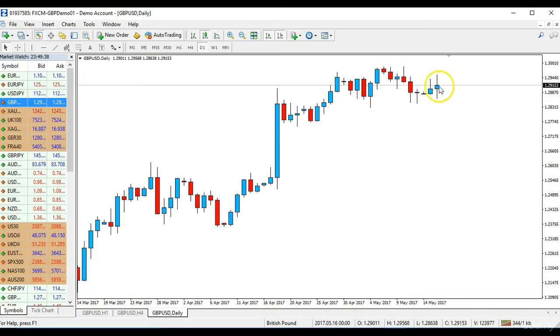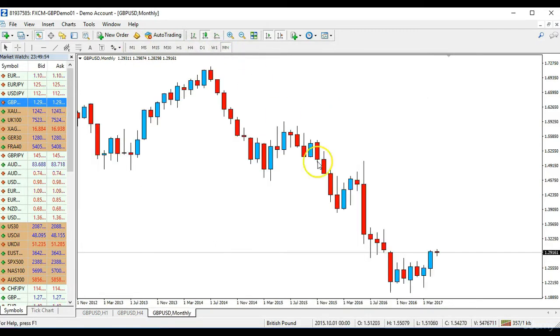So a candle, you can see at a glance where it opened, where it closed, and it gives you a visual representation of what it did that day. Now likewise, these are the time frames, these are the different time periods. So if you went on to a month, the monthly chart, the candle would give you the open, the close, the high and the low of what it did that month.